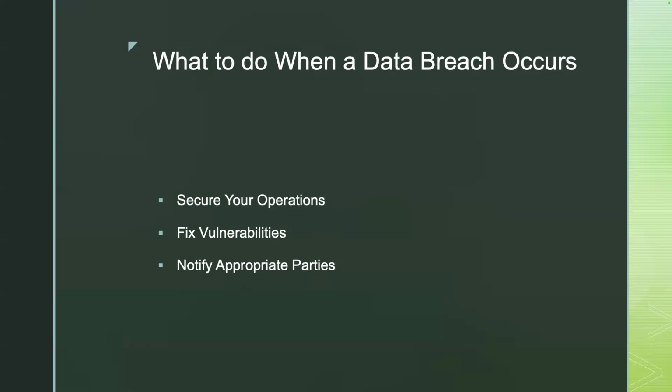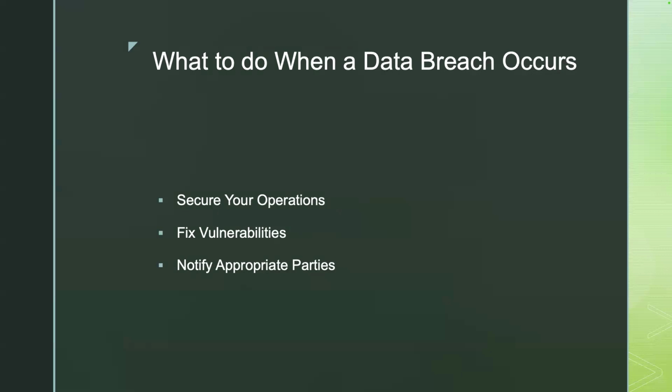So, all your preventive measures have failed, and you failed to stop an active data breach. What now? Well, firstly, secure your operations. Move quickly to secure your systems and fix vulnerabilities that may have caused the breach. Make sure it doesn't happen again.